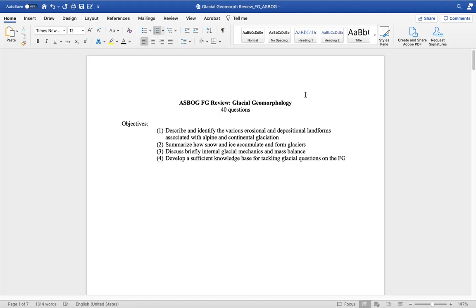I can't imagine there being too many questions about any internal mechanics concerning glaciers, or glacial mass balance. But I've included some questions there just to give you a little more of a comprehensive understanding of what's going on, but nothing too in depth. I think someone without a glacier background can take away a lot from this exercise.